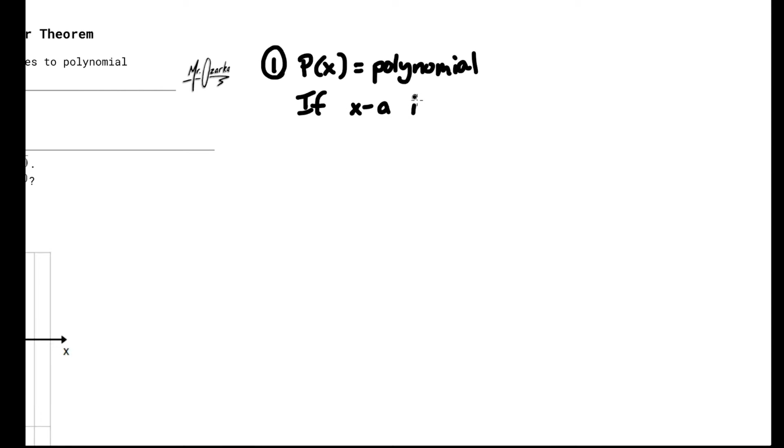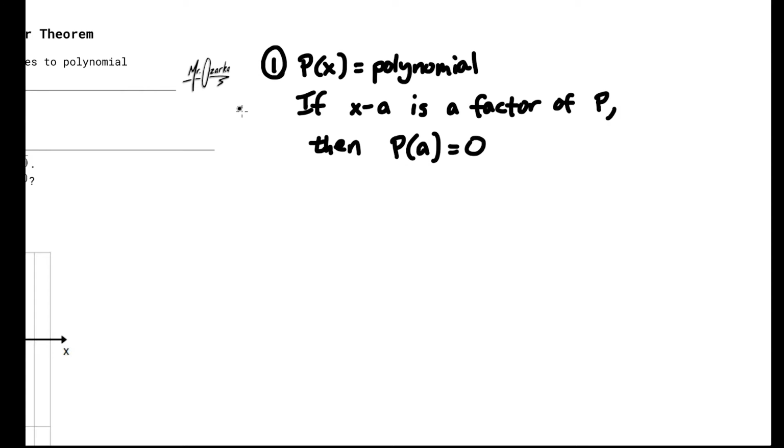If x minus a is a factor of p, so of that polynomial p, then p of a is equal to 0.